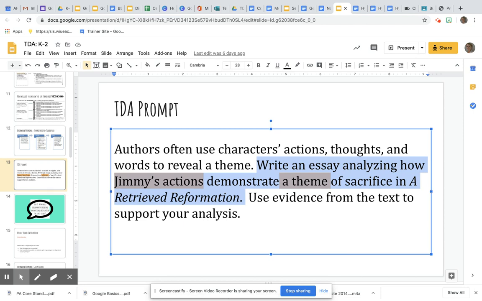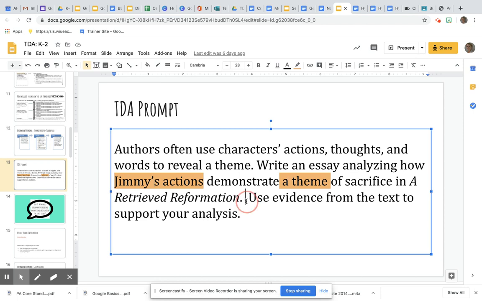Those reading elements come from the standards. So in this particular example, Jimmy's actions reference character or characterization, and the second reading element is theme. Every single prompt will give you 2 reading elements that come from the standards that students have to analyze.